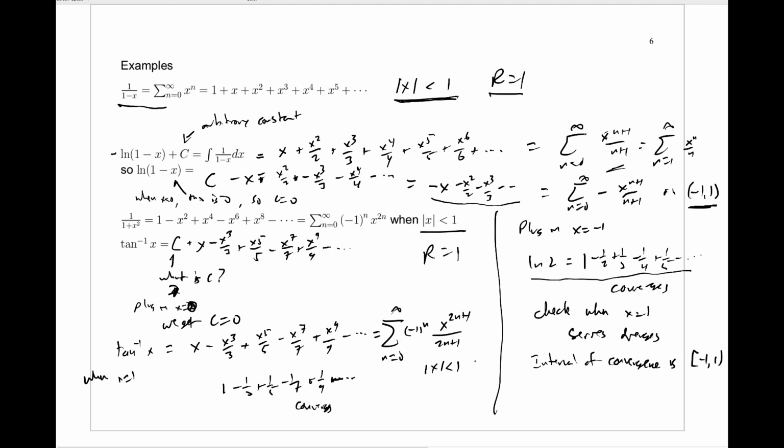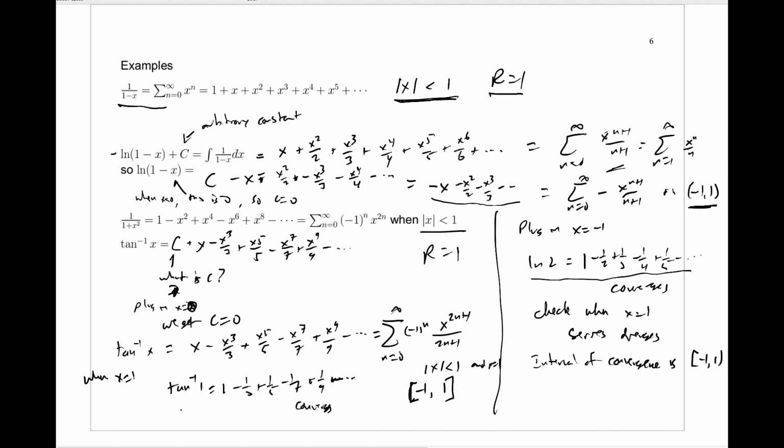So the actual interval of convergence is going to be minus 1 to 1, now including 1. If you plug in x equals -1, you can actually see that the series will converge then as well. So I should actually put that in there too. It's good at -1. But plugging in x equals 1, we get arctangent of 1 is equal to that series.